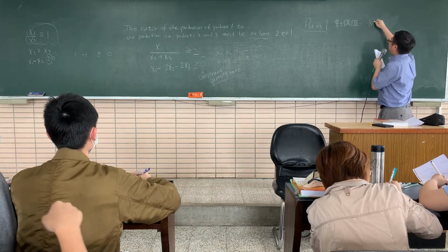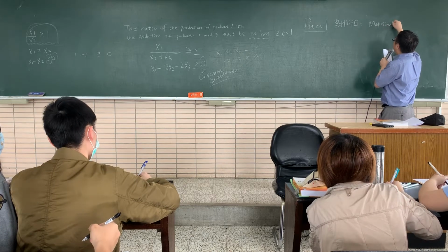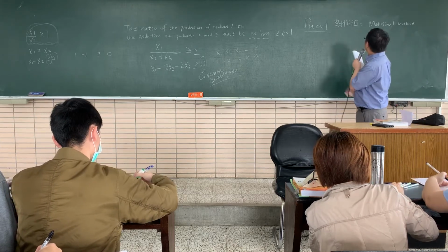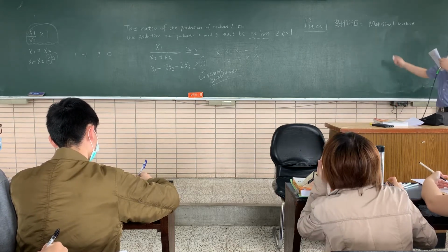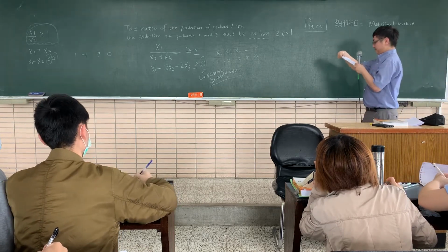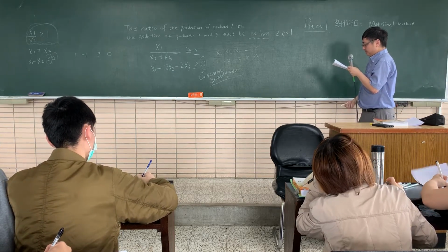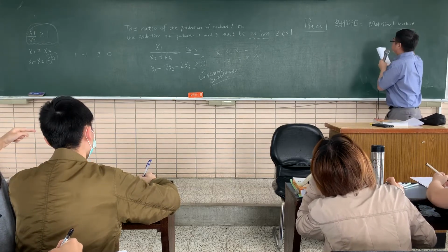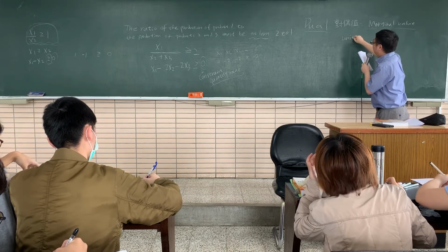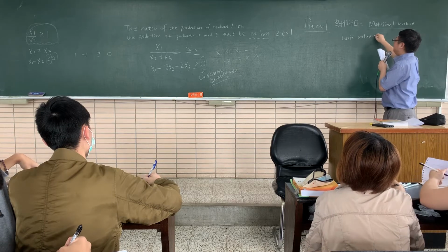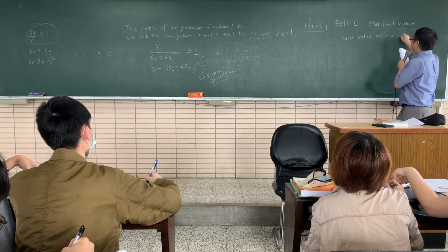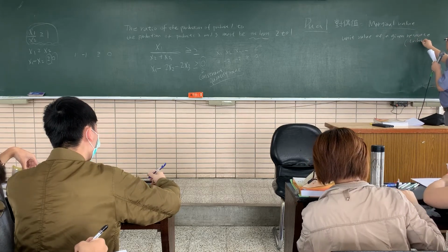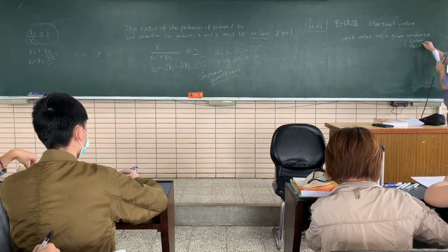Sometimes we call it marginal value. 边际价值。What's this? This is the unit value of a given resource. Maybe labor resource or material resource or something.